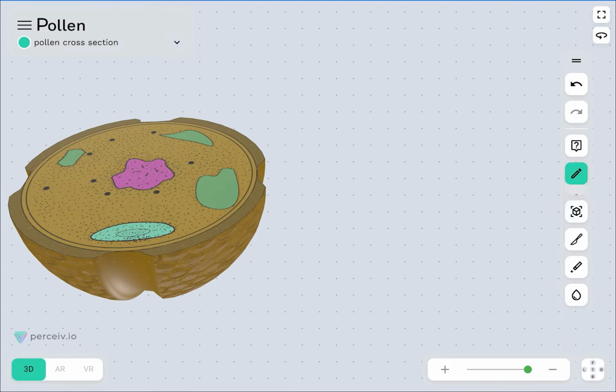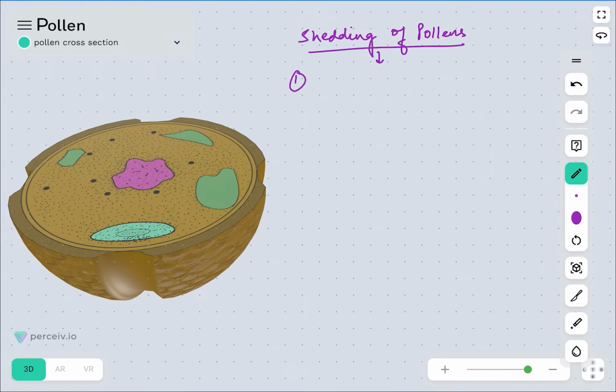So this is also a very important point that has to be noted: if we consider the shedding of pollen grains, there are two conditions. In more than 60% of angiosperms, the shedding takes place at the 2-cell stage.